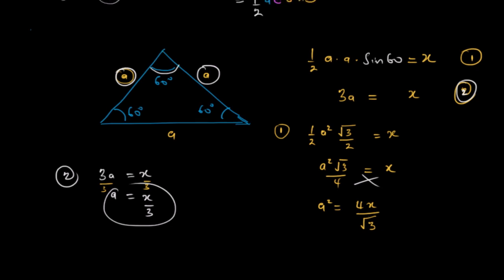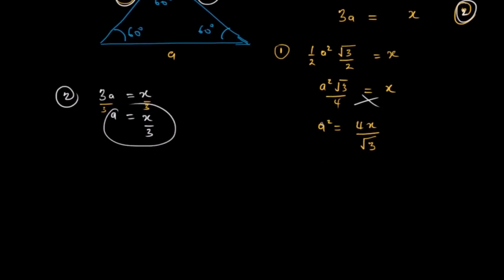From here I obtain a to be x all over 3, and from the first equation my a squared equals 4x all over root 3. So I'm going to substitute a equals x all over 3 into my final equation here. On substituting, you have x all over 3 all squared equals 4x divided by the root of 3.